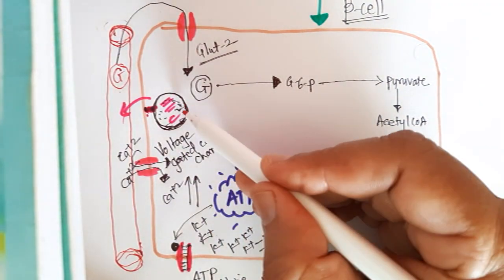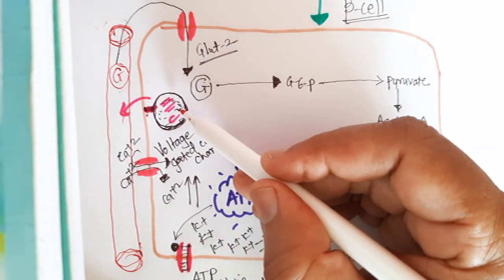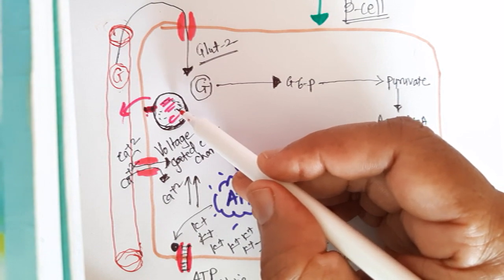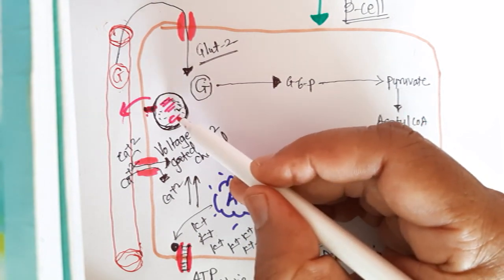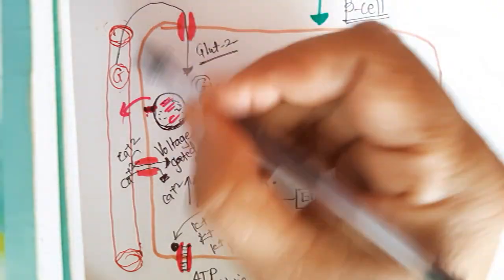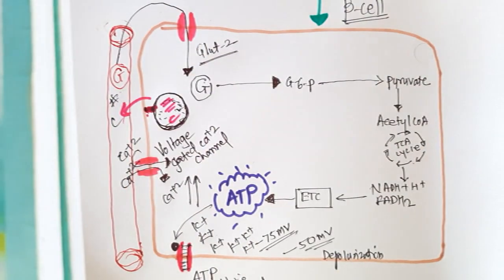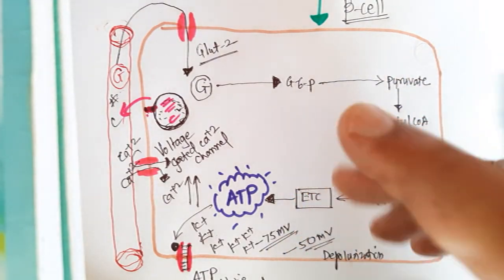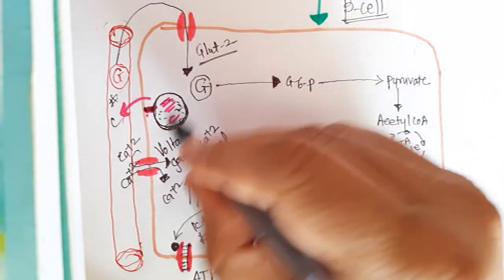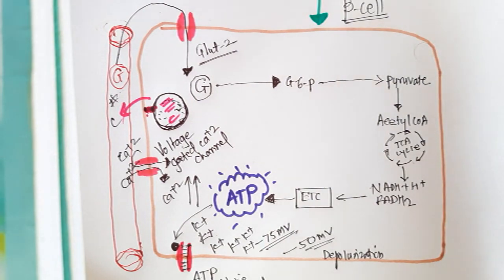Okay, so whatever insulin is present in the vesicle along with the C peptide is secreted in the blood. So blood contains insulin and C peptide. So this is the way the actual secretion of insulin vesicles into the blood takes place.